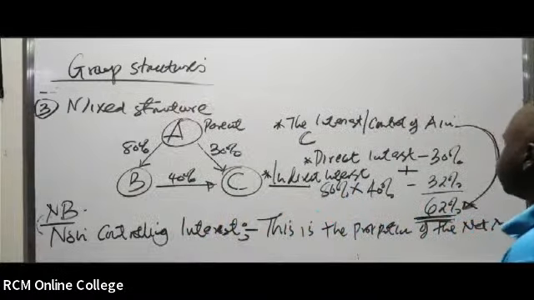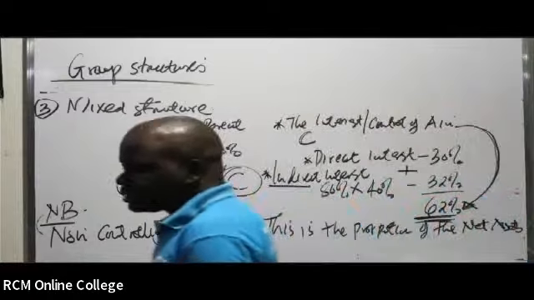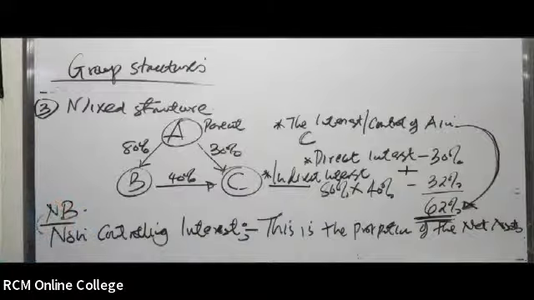So this is the proportion of the net assets in the subsidiary that is not owned by the parent or the holding company.